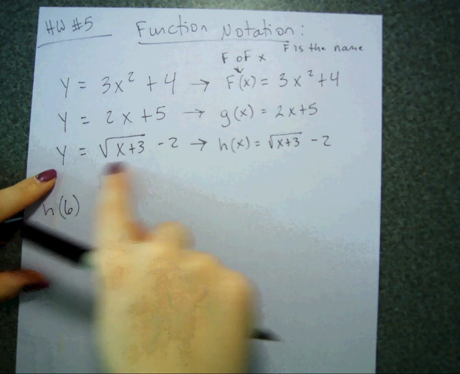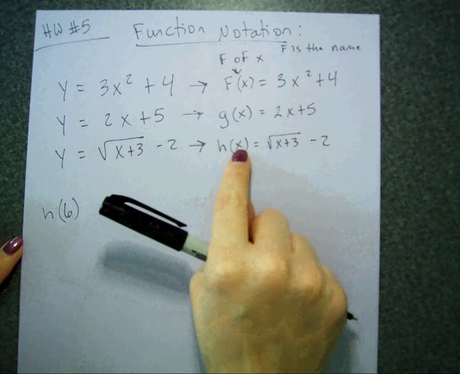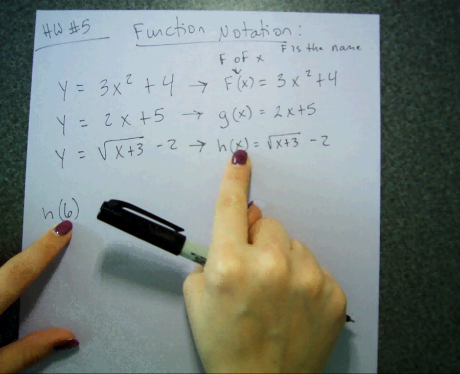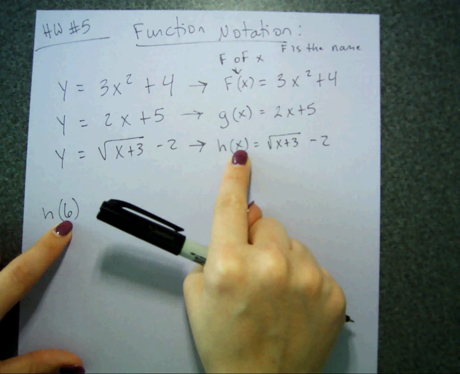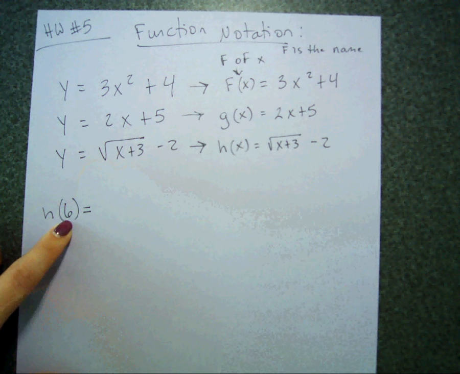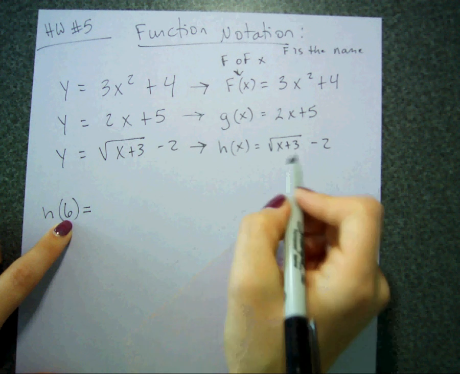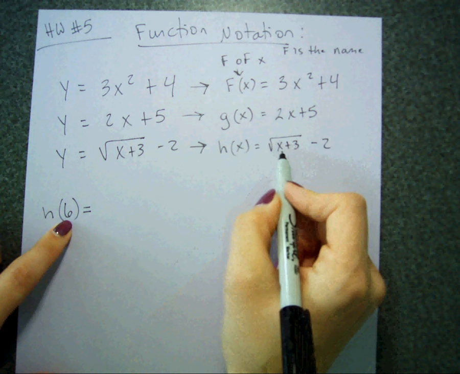So this last function right here. And what am I asking you to do to it? To plug in 6 for the x, right? I replaced x with 6, and that's exactly what I'm asking you to do. Replacing the value means I want to evaluate h when x is equal to 6. So seeing that notation just simply means I'm going to replace the x value with 6.